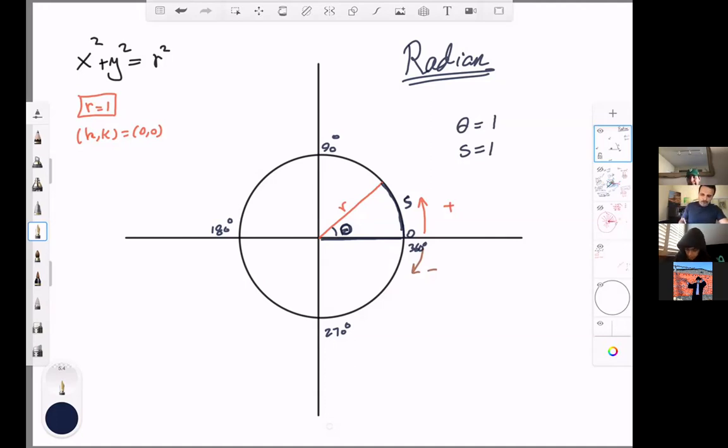So if the arc is 1, then theta equals 1 radian.